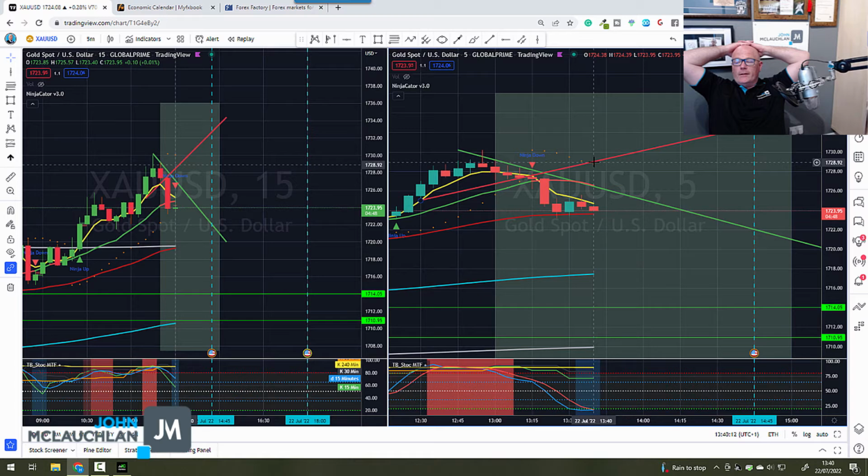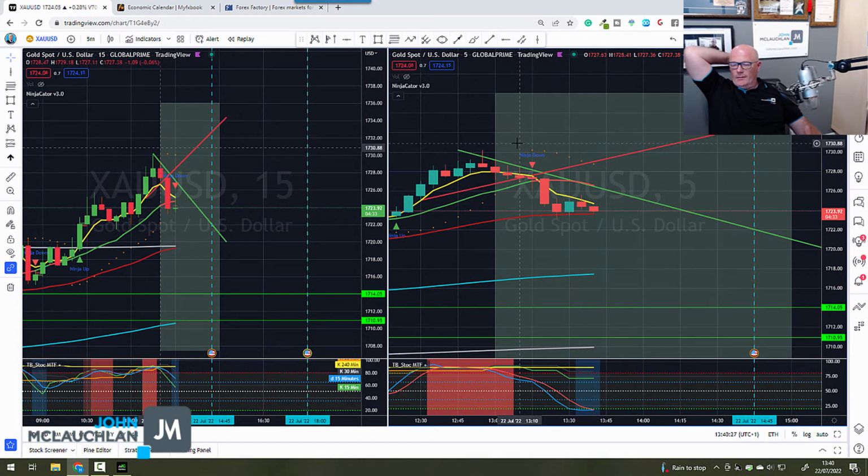It's respecting that moving average. I mean, everything really is kind of lining up for another move to the downside, but I would suspect with that news, the news is quite a way away though. It's 14:45, so it's like an hour and 5 minutes away.